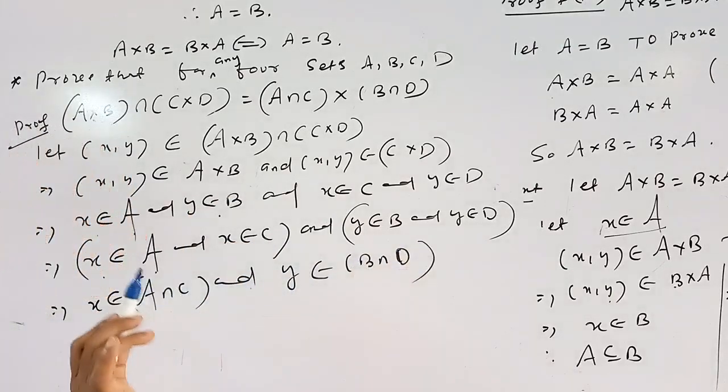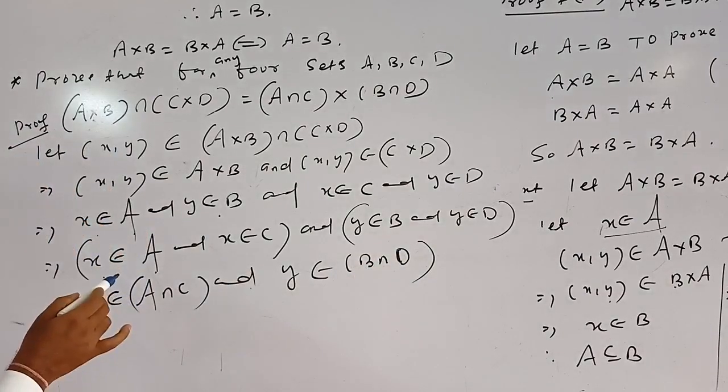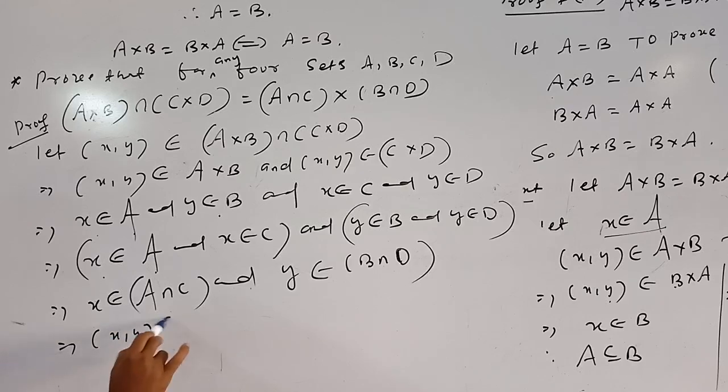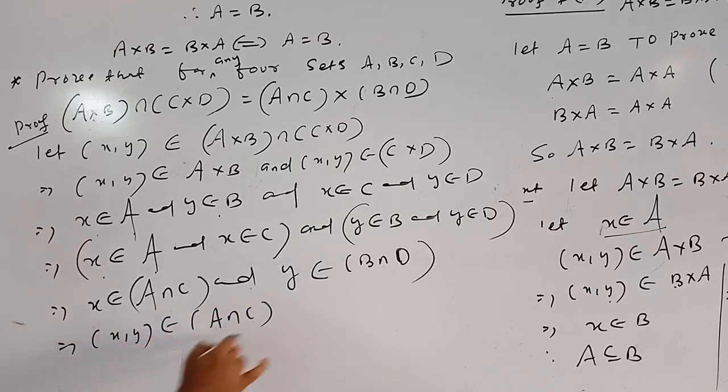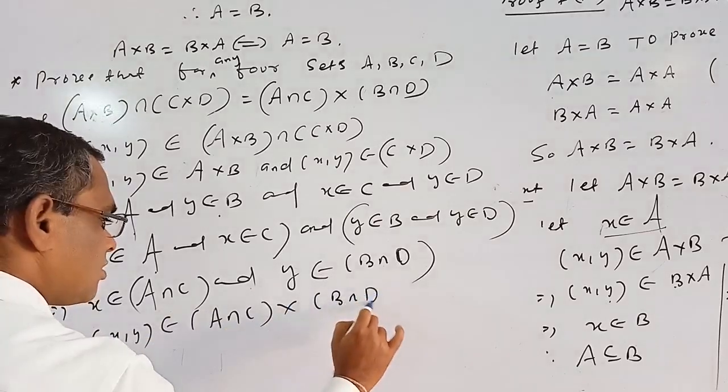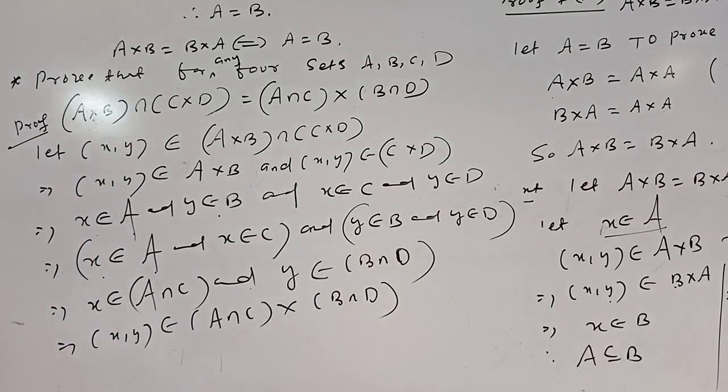Okay, do you understand? So x belongs to A ∩ C and y belongs to B ∩ D means the ordered pair (x, y) belongs to (A ∩ C) × (B ∩ D). That implies (A × B) ∩ (C × D) must be a subset of (A ∩ C) × (B ∩ D).